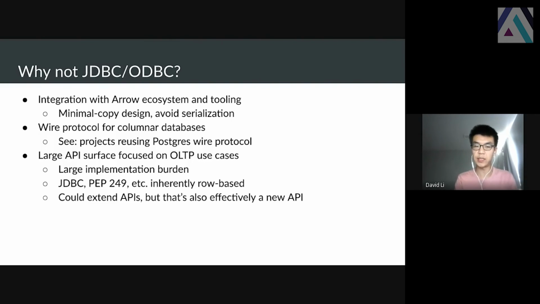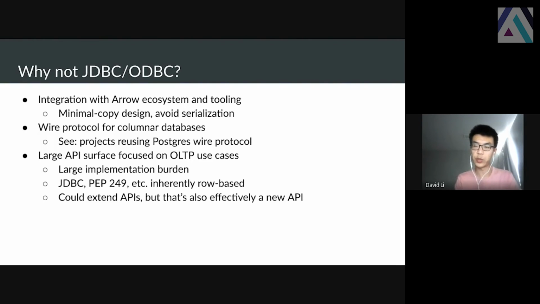Finally, JDBC and ODBC are large and complex specifications to build on top of, and they present a large implementation burden for databases. Flight SQL, being more minimal, can be easier for databases to implement. Also, these existing specifications have the problem that they're often inherently row-based and often also focus on transactional use cases.